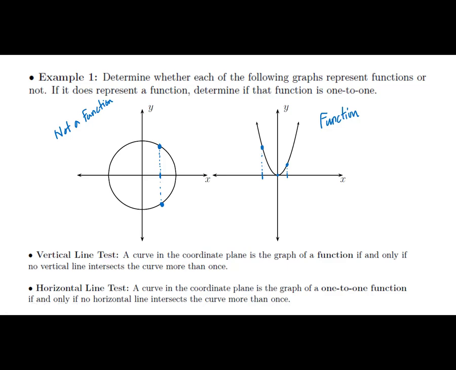Well, like our horizontal line on the last page, I can find y values for which I've got multiple x's that go along with it, right? Two different x's go with this y value, two different x's go with this y value, so we would say it is not one-to-one.